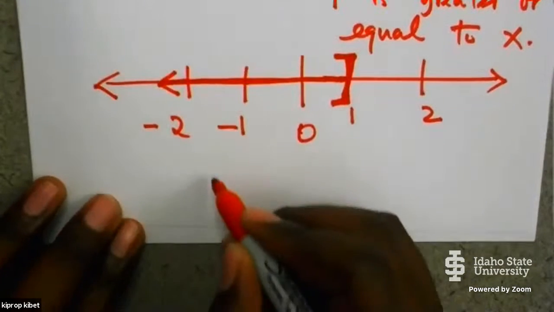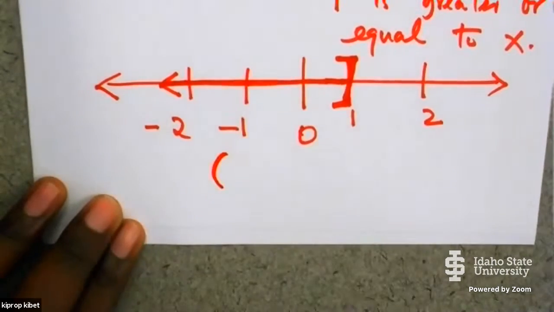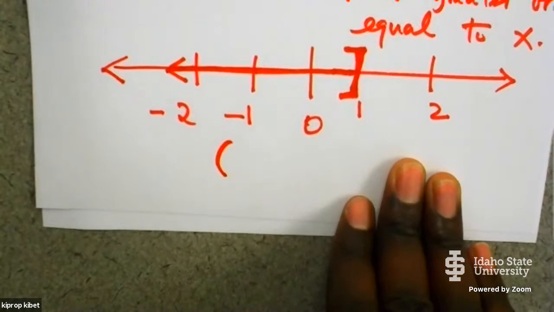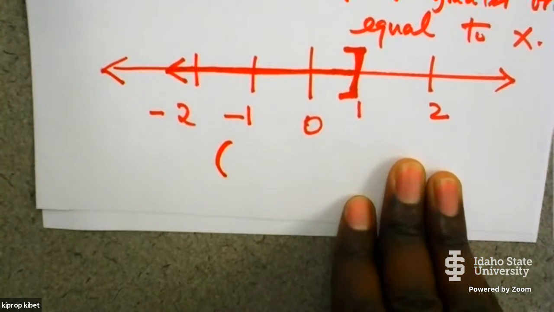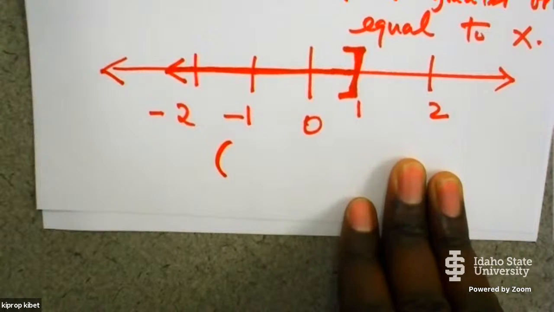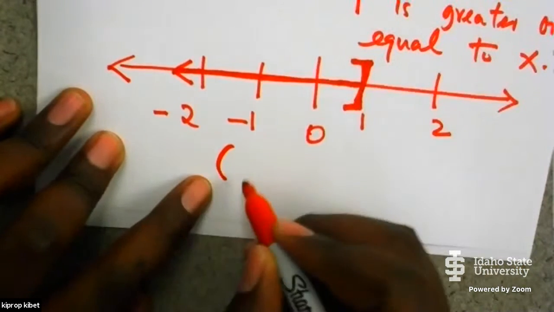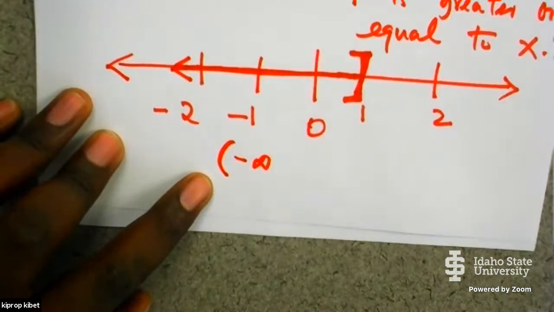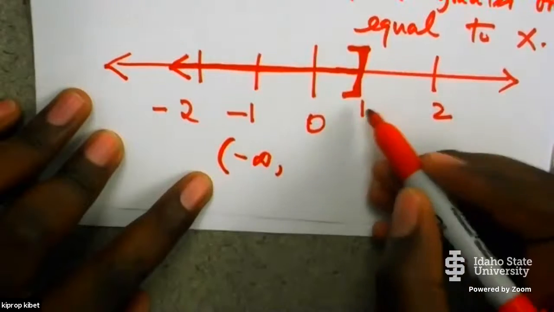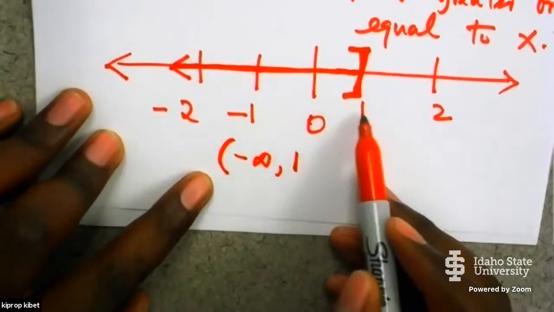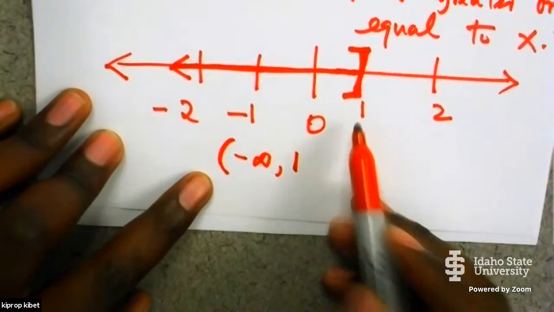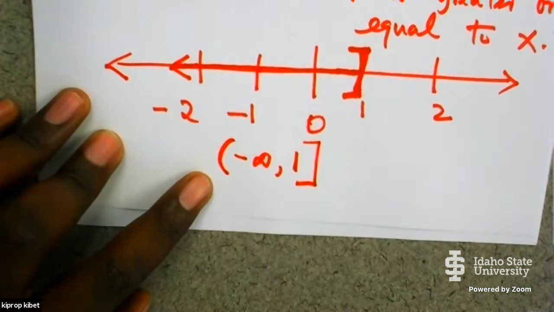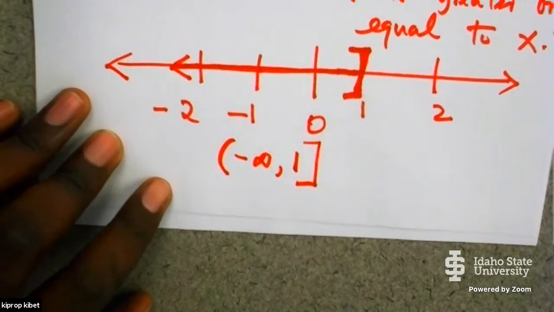So we start reading from the left: this parenthesis, then negative infinity, and then 1. 1 is included, so we use the bracket.